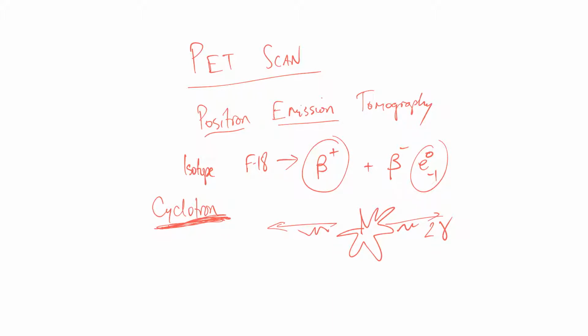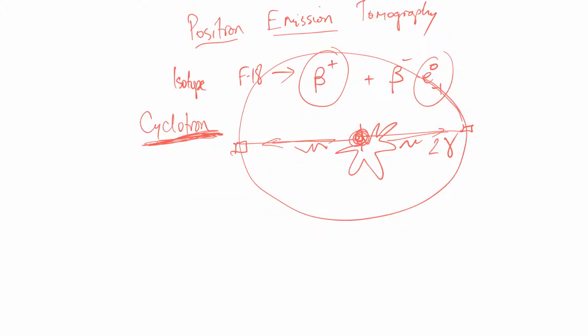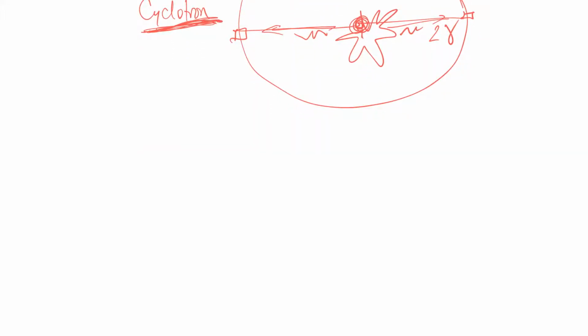Now, if you have something around this emission which can detect those gamma rays, you can trace it back to where that annihilation occurred. So if we have a person's body, just a cross section of part of it, our annihilation occurs here.